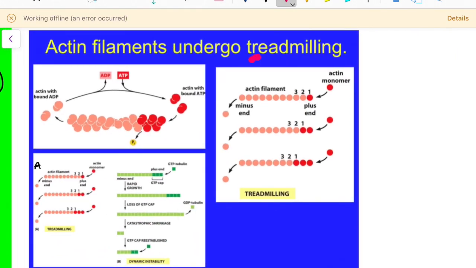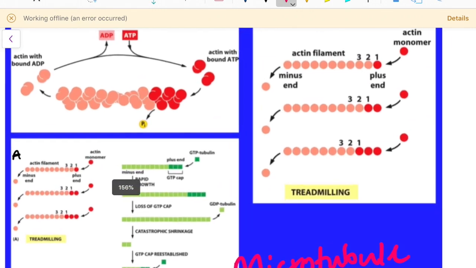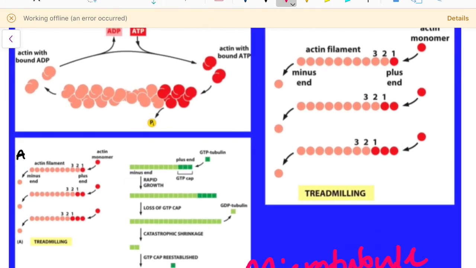So we have actin treadmilling, whereas we have dynamic instability, which is for microtubules. And all that means is that in actin, the growth happens as actin is added only to the plus, ATP-bound end, whereas on the minus end you are losing the actin monomer, and that is ADP bound.